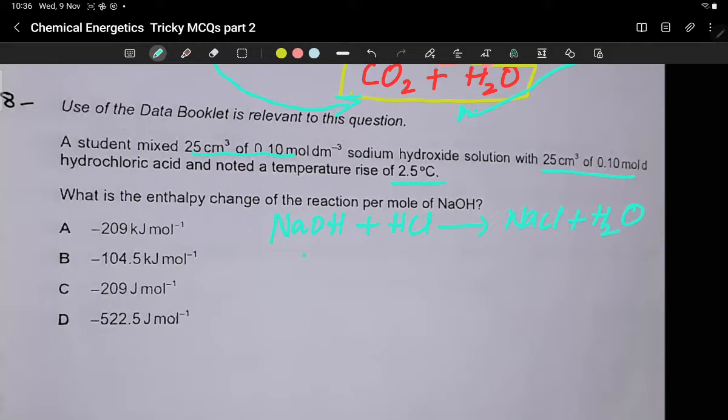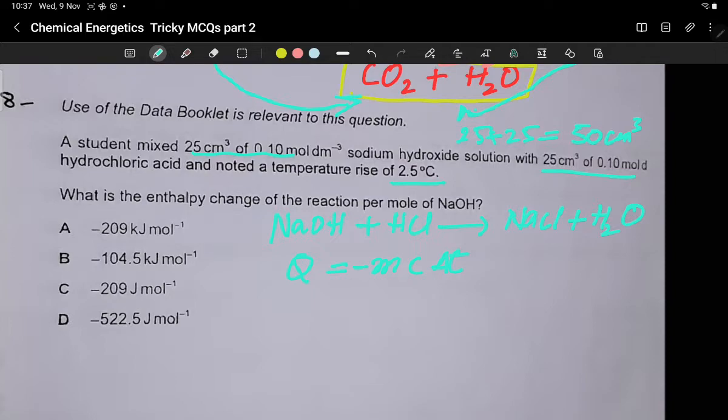Energy released Q is equal to mc delta T. 25 plus 25 cm³ is equal to 50 cm³.